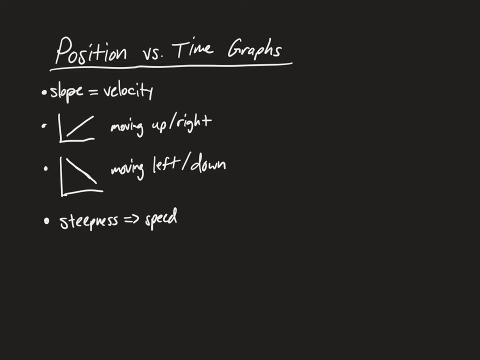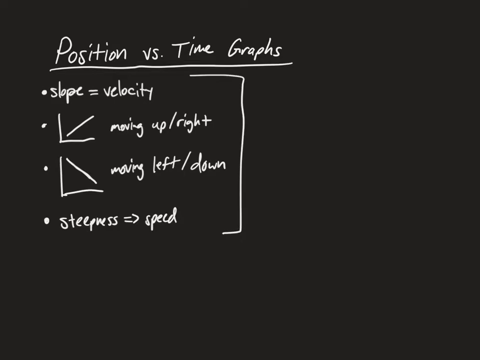Steepness is just looking at how steep the line is compared to another one. So if I have two graphs, one steeper than the other, I know the steeper graph is moving faster, because it's changing its position more than the other graph in the same amount of time. So these are what we can get from position versus time graphs.